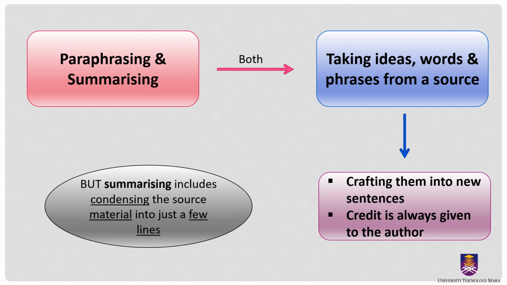However, summarizing includes condensing the source material into just a few lines. So the difference between these two skills is that summarizing is when you make the summarized version shorter than the original version, and you always need to state the author's name whenever you quote them in your writing.